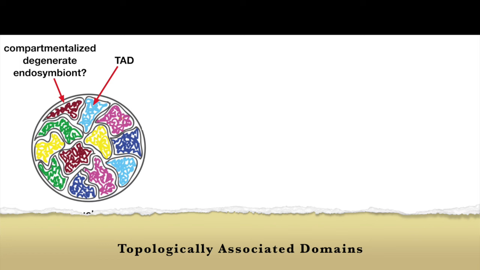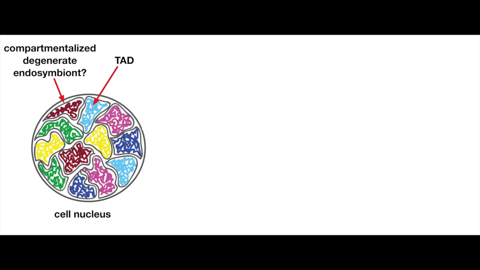Now, exactly how that is organized, they are yet to say, but they are saying that there is some level of compartmentalization within a nucleus, like our nuclei. Now, I'm calling it a compartmentalized degenerate endosymbiont, and I don't really want to get into what that means right now, but we'll talk about that a little bit more later.